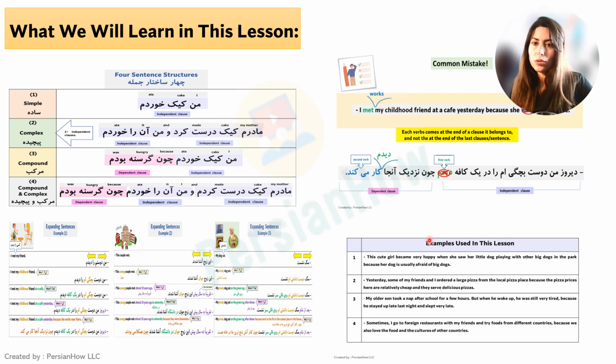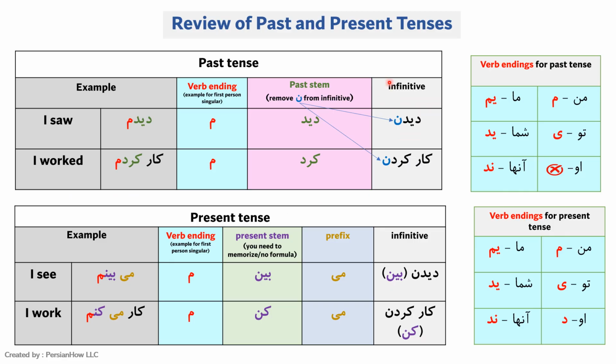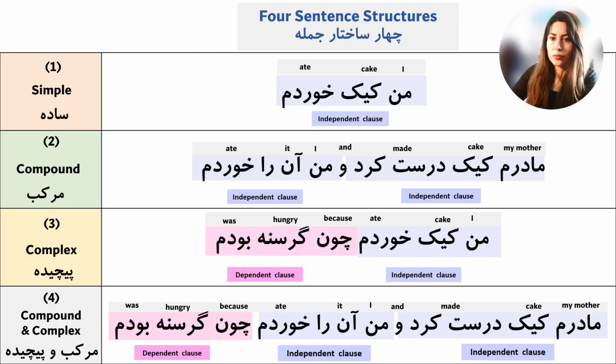And then we are going to take a look at 4 more examples, just for practice purposes. In this lesson, there are many examples, and for the examples, you need to know past tense and present tense. If you do not remember how to form past and present, you can just pause the video and quickly review them here.